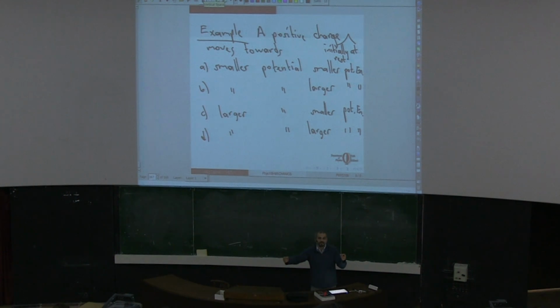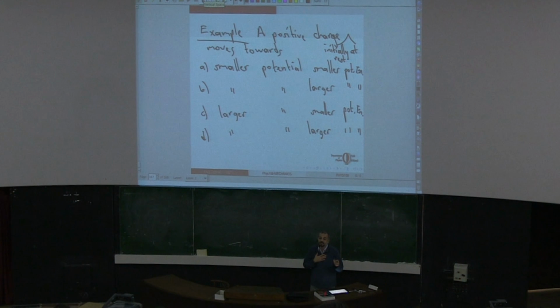It tells me that there is a force in this direction. So if I want to create the initial configuration, I have to take the positive charge from here. I have to exert a force opposite to this existing force in order to move it back into its initial position. That means if I take this charge from here and move it over here, I am doing positive work.